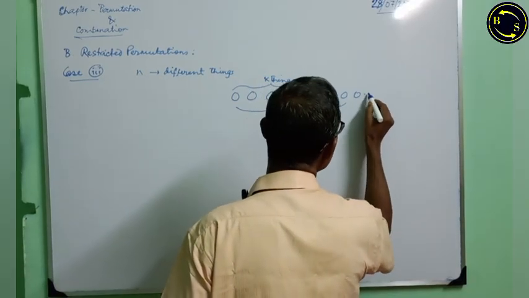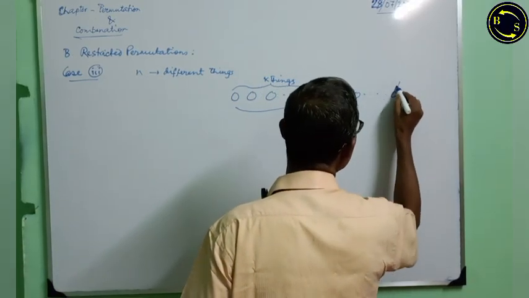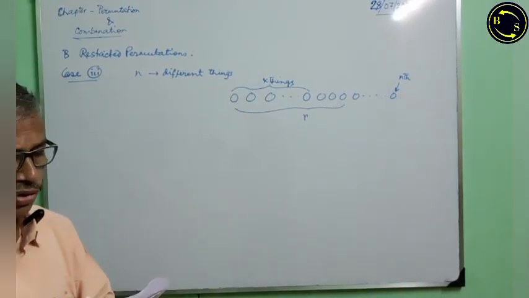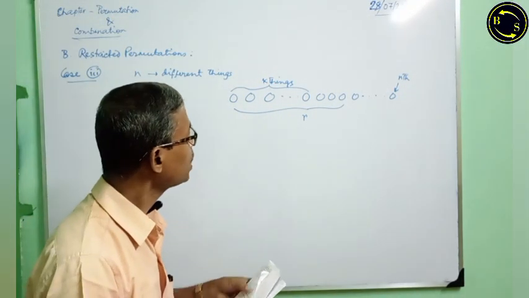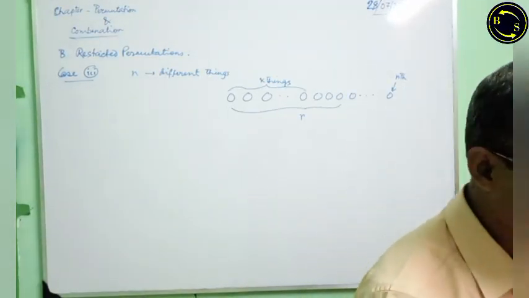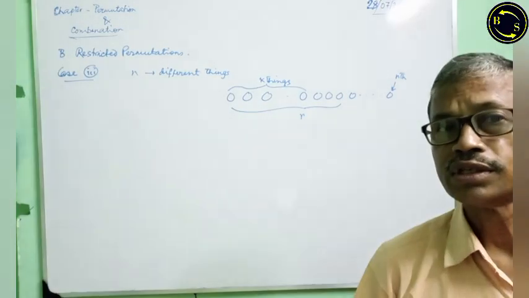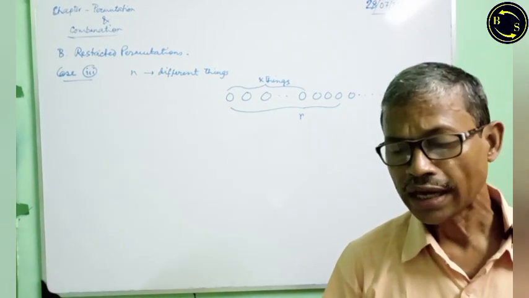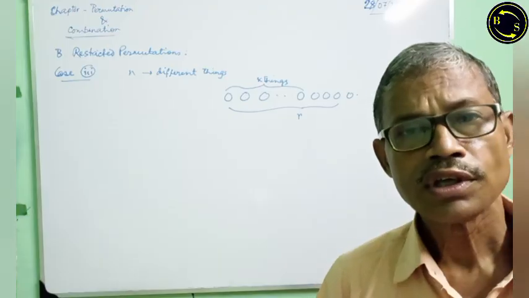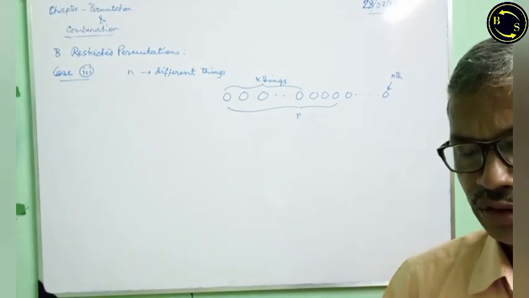Still there are a few. Now the restriction is K things have already occupied specific positions. That means they cannot change their positions. That is, they are occupying fixed positions.